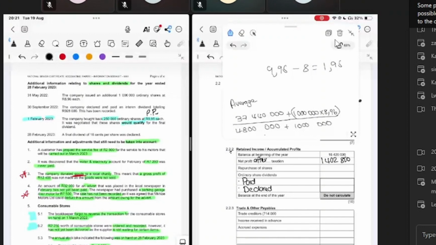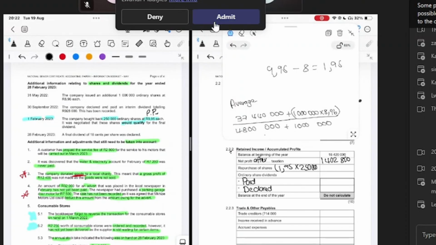And we will use that to calculate the amount we put in our retained income. So that will be 1,95. And then how many shares did we repurchase? 250,000. Okay. Any questions there?